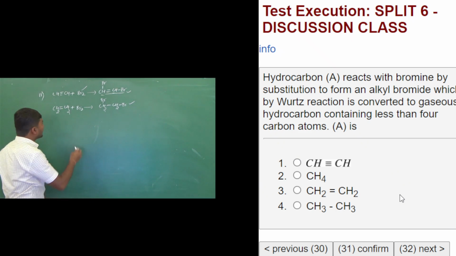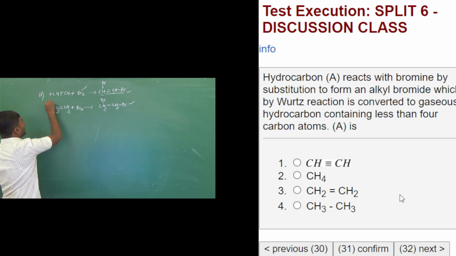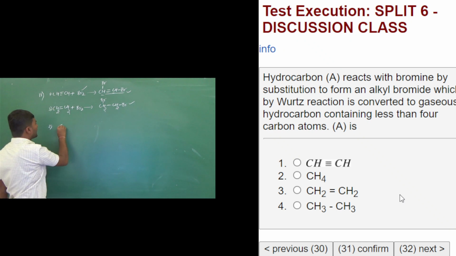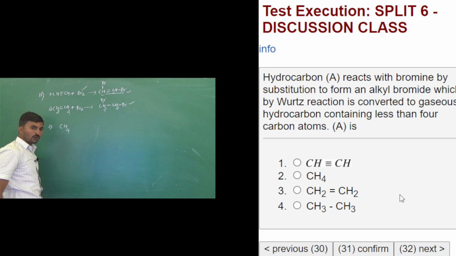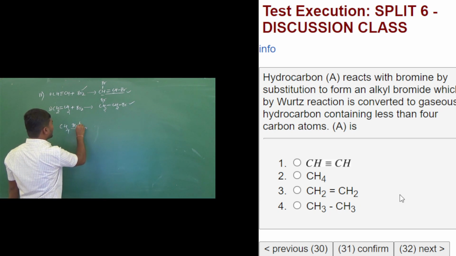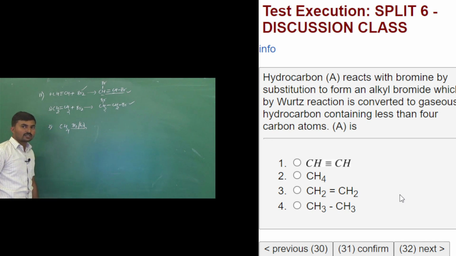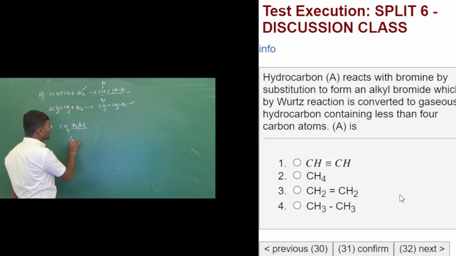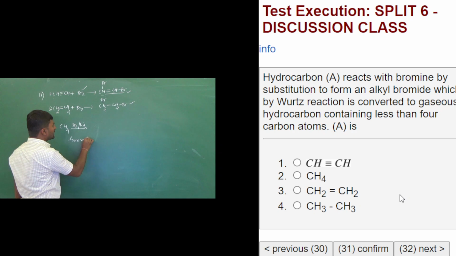And the second option they have given, this is first, this is third, and the second option is CH4. This CH4 molecule, when treated with bromine in presence of sunlight, undergoes free radical substitution.